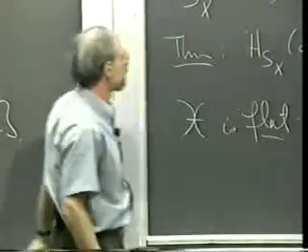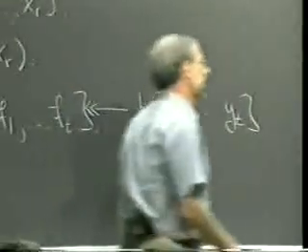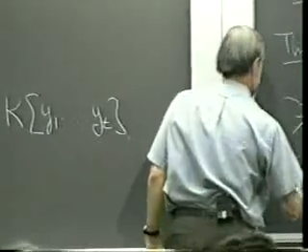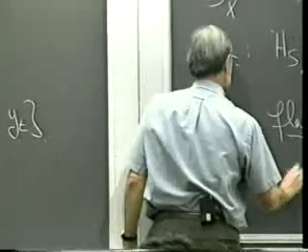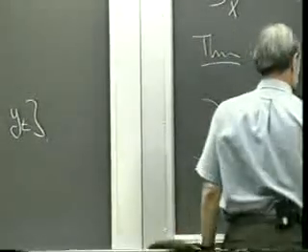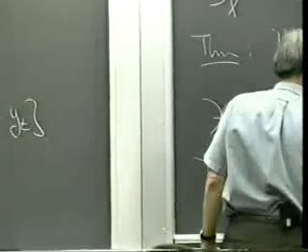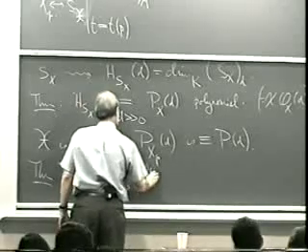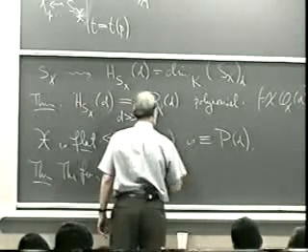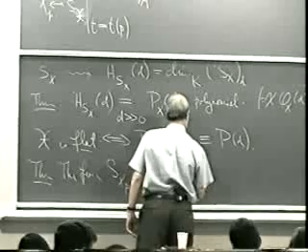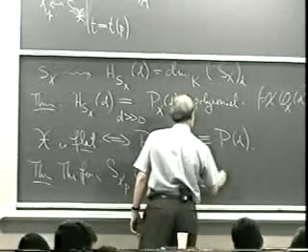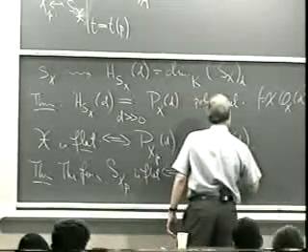That's flat if and only if the Hilbert function is constant. So theorem: the family S sub X sub p is flat if and only if h sub S sub X of d is constant.